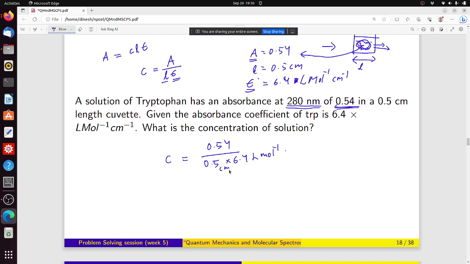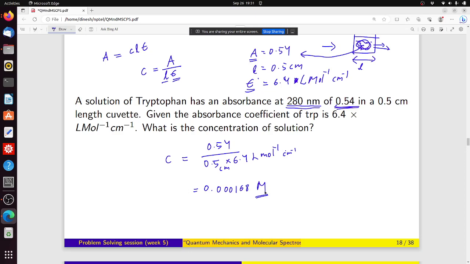This is centimeter, this will cancel. So if we solve this, we get the concentration to be 0.000168 molarity.